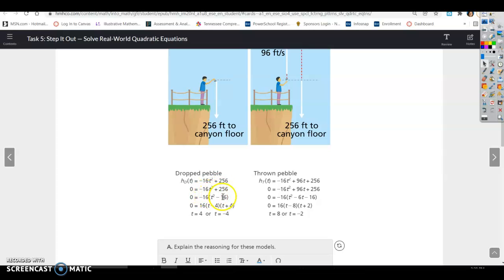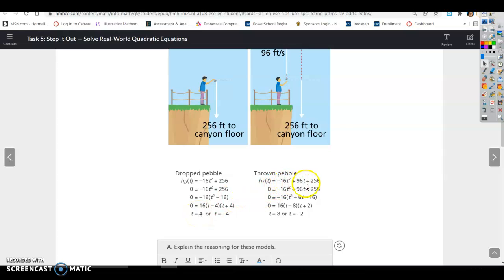So now if you factor this expression, you can factor out the greatest common factor of negative 16. Then you have a difference of squares that can be factored further. Using the zero product property, you can see t equals 4 and t equals negative 4. So time in seconds can't be negative.